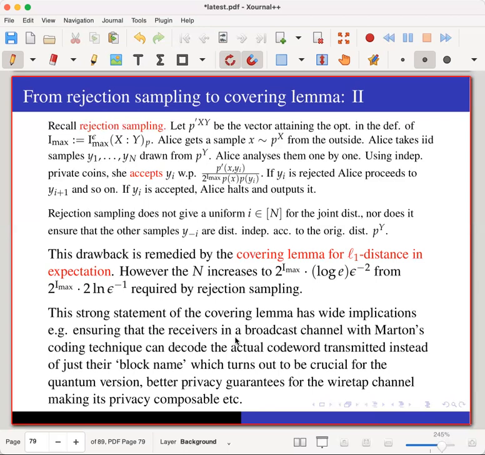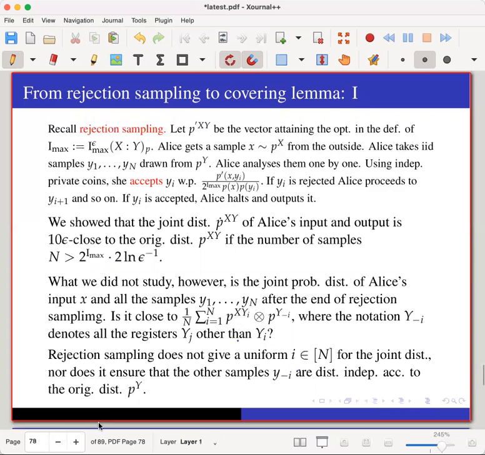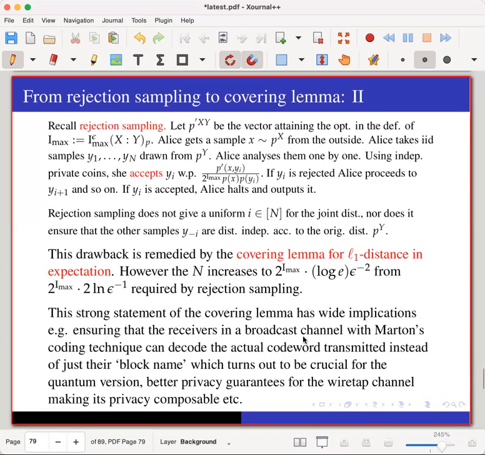There was no guarantee by the earlier methods, but if you use this covering lemma, in exactly this sense, then you can guarantee that. It turns out to be crucial when you look at the quantum version of the broadcast channel.